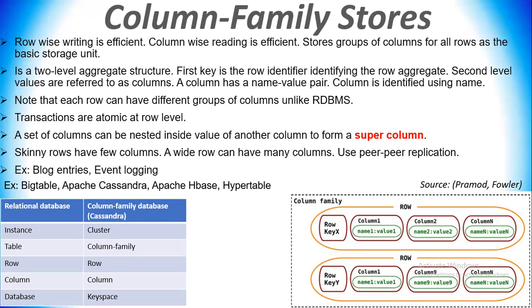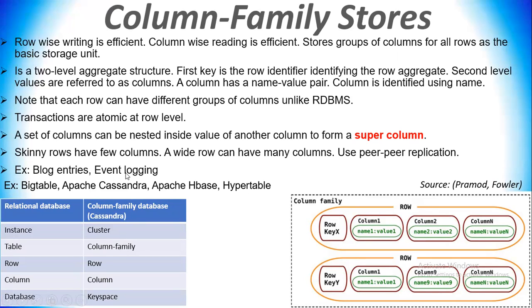Right. So some of the applications which can be used for document type databases can also be used for column family stores, because these belong to the same category of aggregation type NoSQL databases. So the use cases can be similar.